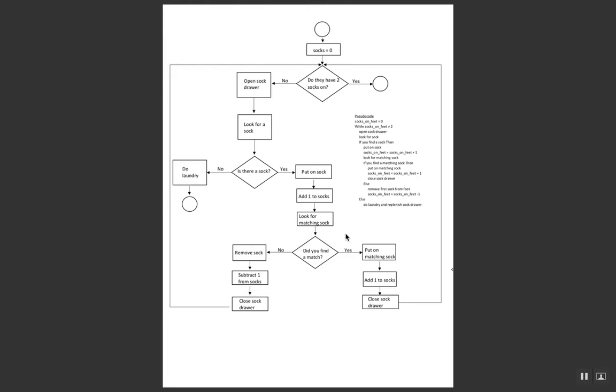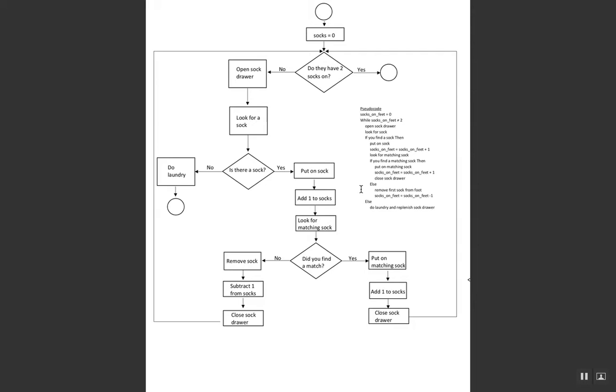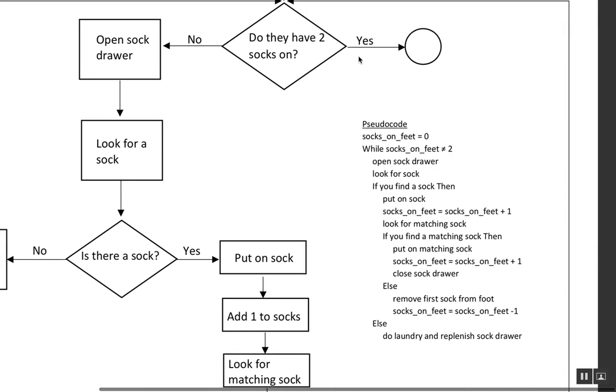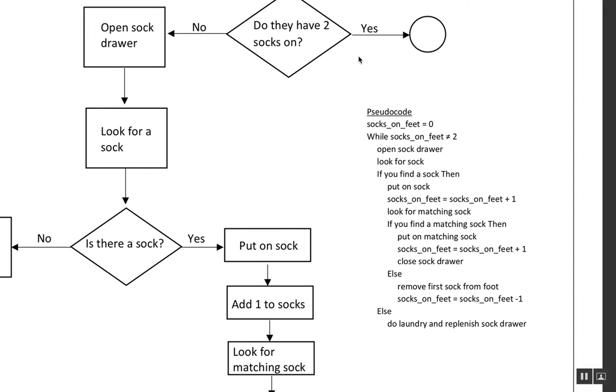So this is how the pseudocode here reads. Let me see if I can zoom in a little. Okay, it says socks on feet equals 0, while socks on feet are not equal to 2. Open sock drawer, look for sock.